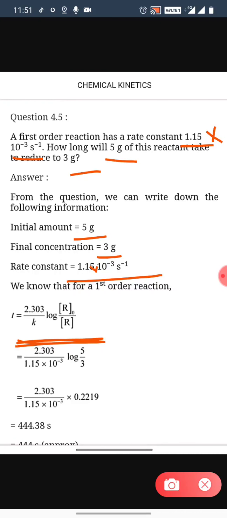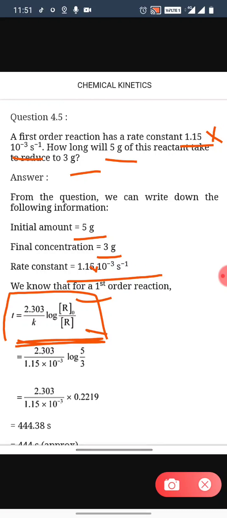Whenever you see a first order reaction, you should immediately recall this expression, where t is equal to 2.303 upon K log of A naught upon A t. In this case it is R naught upon R, whatever alphabet you want you can use. R naught is the initial concentration, R is the leftover concentration.